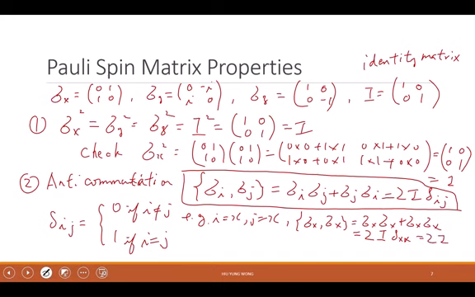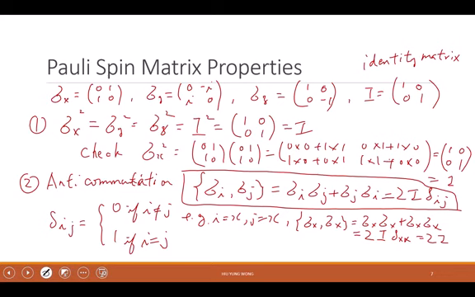Is it correct? It is, because we just told you that sigma x squared, meaning sigma x times sigma x, should give me I. So I have 2 sigma x squared, so I have 2I. So this equation is correct.